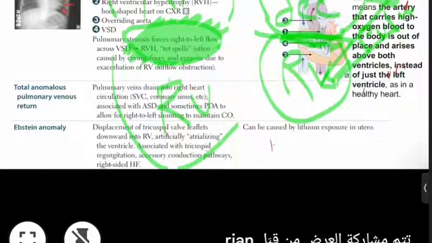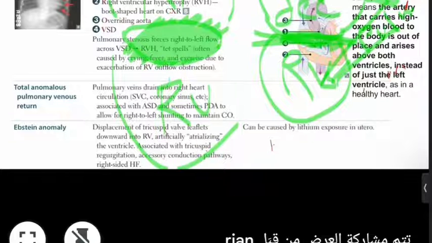So if you have tricuspid atresia, there's total separation between these two, the right atrium and the right ventricle. So tricuspid atresia is the absence of the tricuspid valve and a hypoplastic right ventricle.